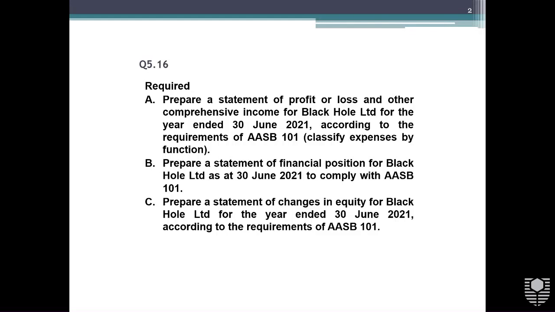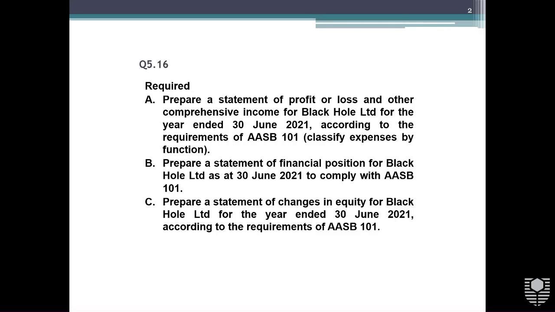So you're grouping them into functional groups. When you do that by function, remember, it can be an arbitrary allocation. For example, if you've got admin staff that are 50% in selling and distribution and 50% in other administration, you're taking 50% of their salary into one and 50% of their salary into another.